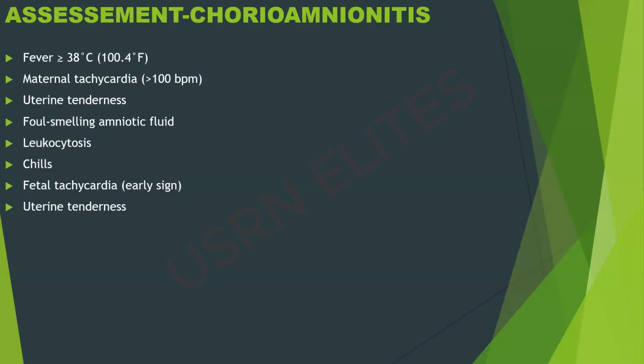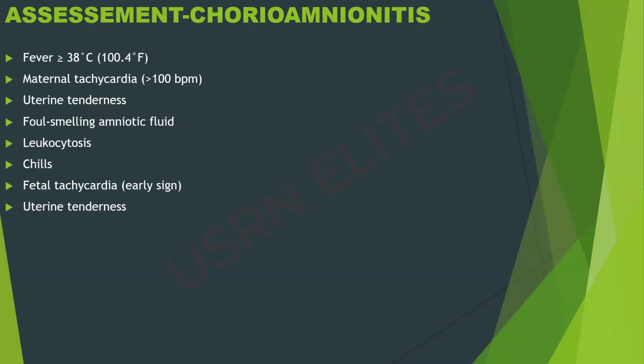Okay, so if the mother is pregnant and you're doing your normal assessment, you touch the mother's abdomen or uterus, and the mother feels pain, please do further assessment. Okay. And because there's an infection, obviously the fluid that is coming will be foul smelling. Okay. And leukocytosis. Okay. You're looking at what? White blood cells.